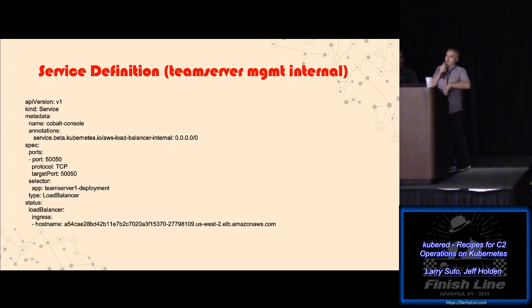Because the initial Ingress controller we're going to talk about doesn't support non-HTTP, HTTPS ports, you're going to have to create a load balancer, not an Ingress, for managing the team server. This is just a sample of how you would create a service that spins up an AWS load balancer connection, so you can connect to the team server in a private VPC.